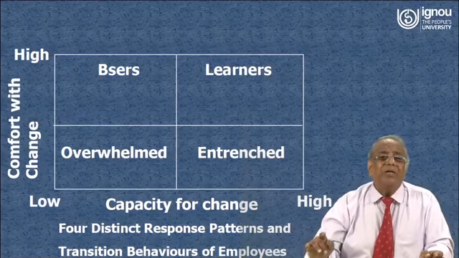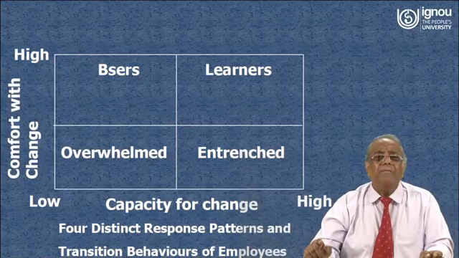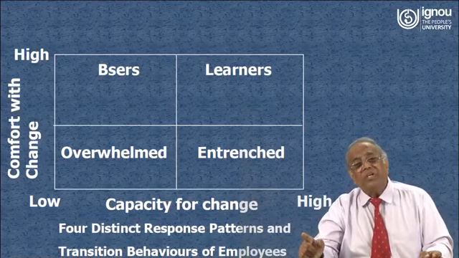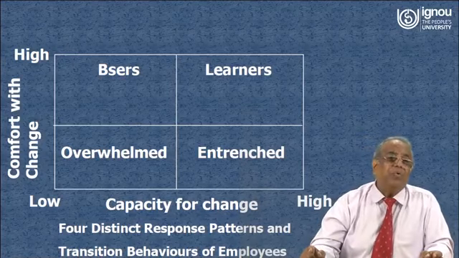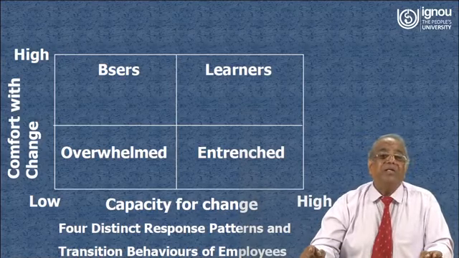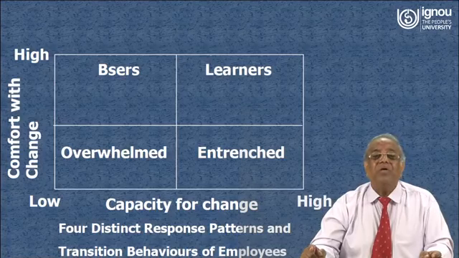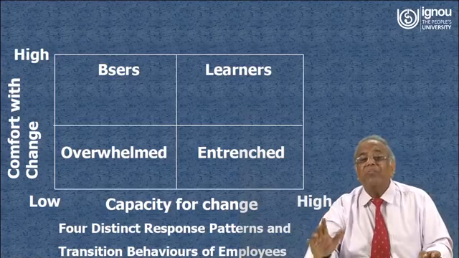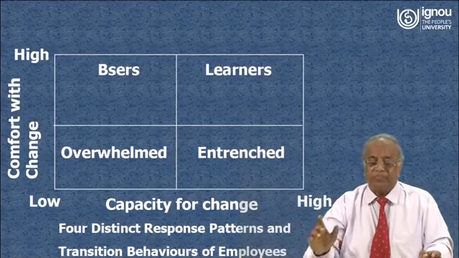So this is not a favorable area, and we call it BSers. And the fourth option is where the capacity for change is high and the comfort with change is also high. That is the behavior of employees as learners. They are the persons who will participate in the changing process.